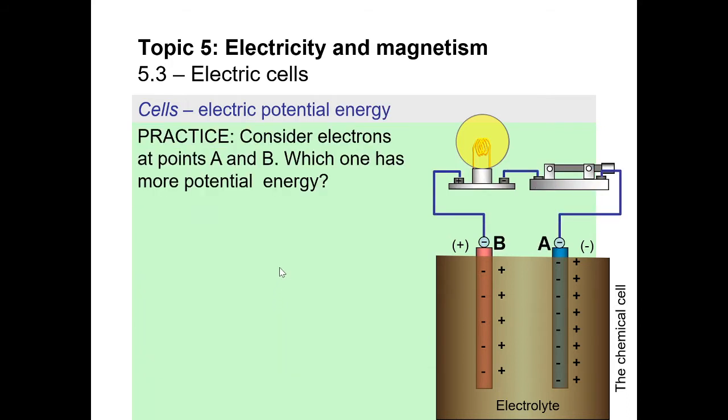All right. Again, let's consider the electrons at points A and B. Which one has more potential energy? Well, usually when we consider potential energy, so far we've always been talking about gravitational potential energy. And we know that the higher an object is from the surface of the Earth, or based on a certain reference point, the more gravitational potential energy it has, and the more potential it has to gain kinetic energy and a higher velocity overall.